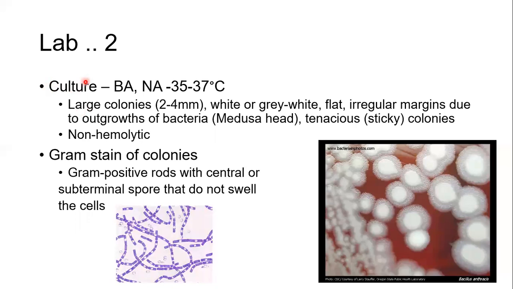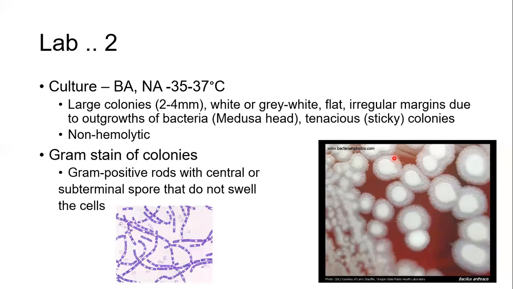So culture is more commonly done on blood agar and nutrient agar, at about 35 to 37 degrees. The colonies tend to be about 2 to 4 millimeters, which is relatively large. They tend to be white or grayish white.